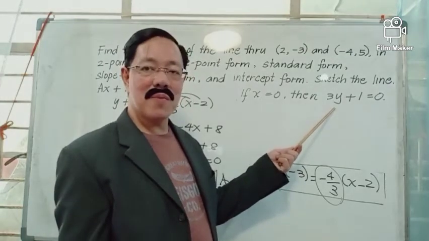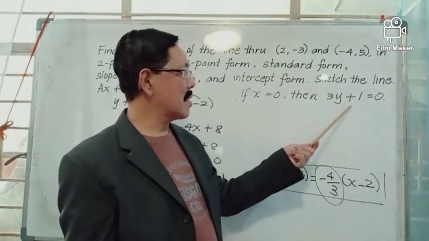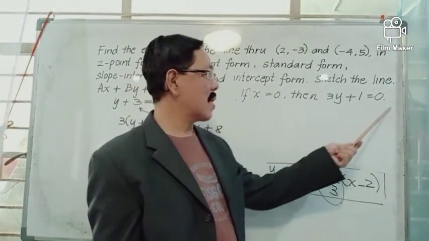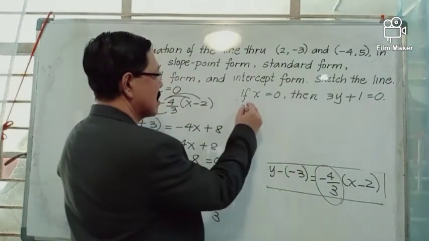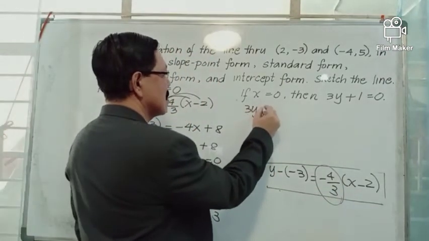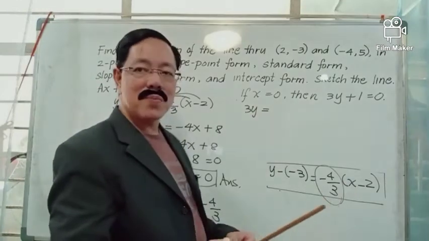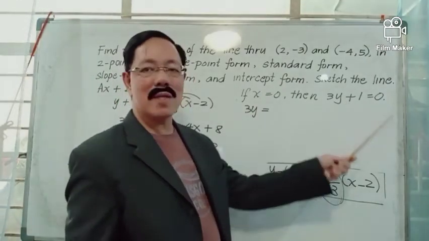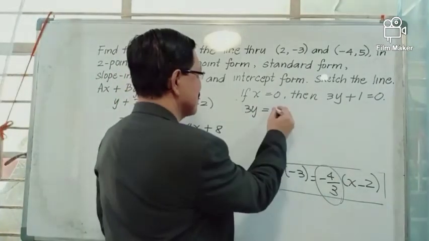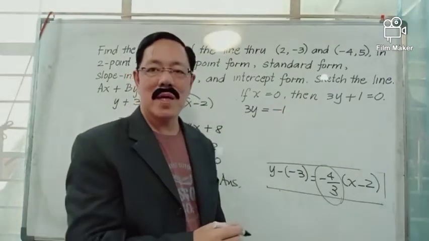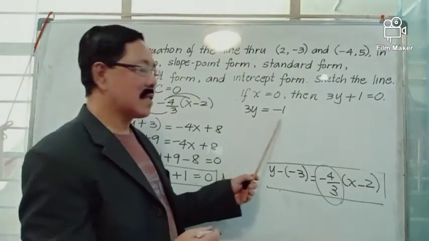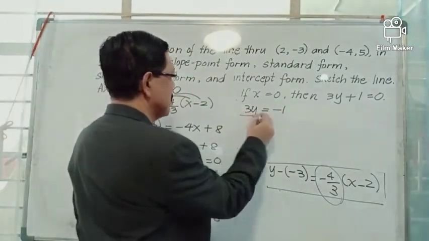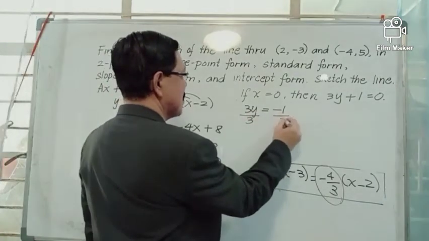We solve for y from this linear equation by transposing positive 1 to the right, and we get 3y equals negative 1. And finally, we divide both sides by 3.